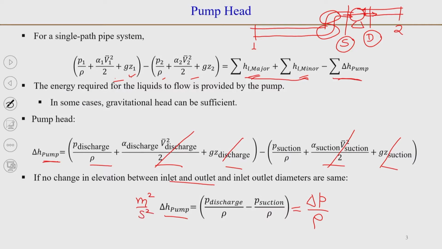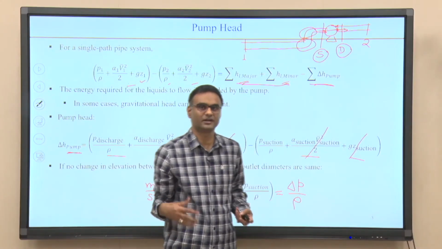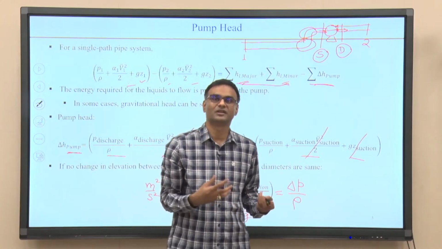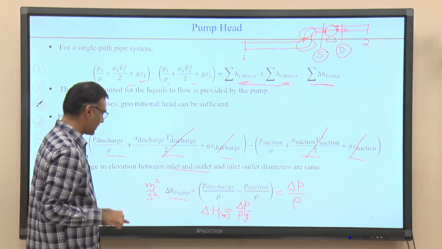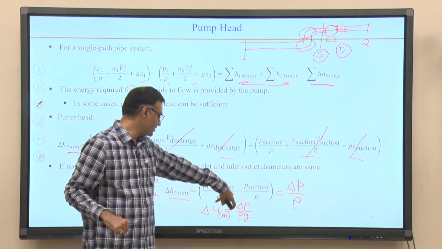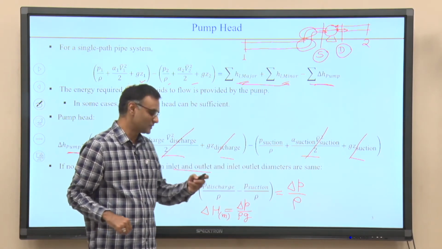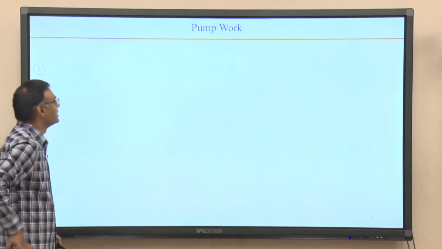We can also write the same equation in terms of delta H, where the units are in meters, and that will give us delta P by rho g. Generally, you will see that the pump head is given in terms of meters. So, we might need to use this equation, where delta H, remember, is discharge pressure minus suction pressure.